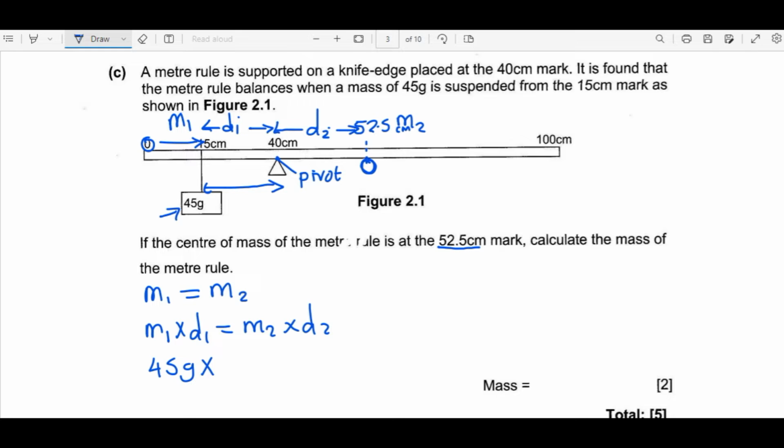So it is 40 centimeters minus 15 will give us 25 centimeters, is equal to mass 2, which is what we are looking for, times distance 2. Distance 2, we need to subtract 40 from 52.5. So I'm getting 12.5 centimeters.